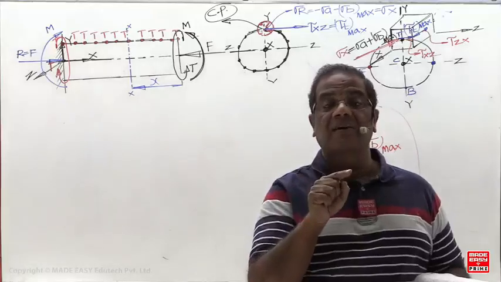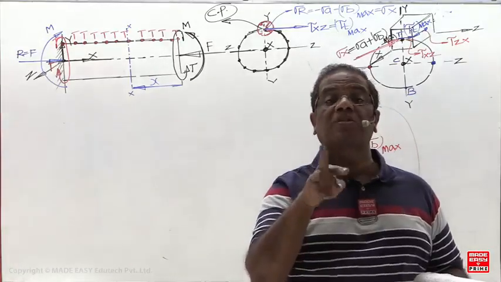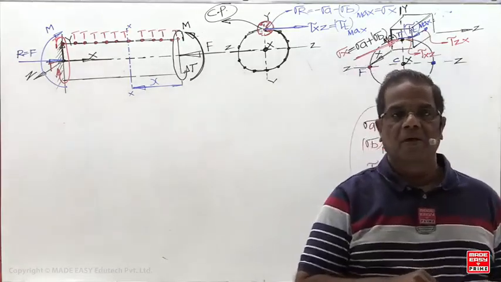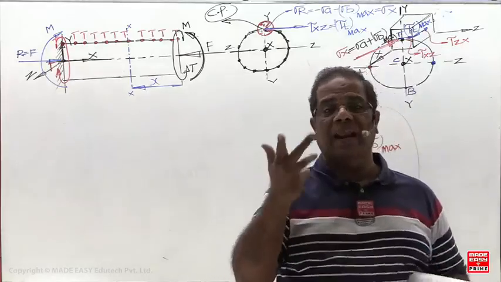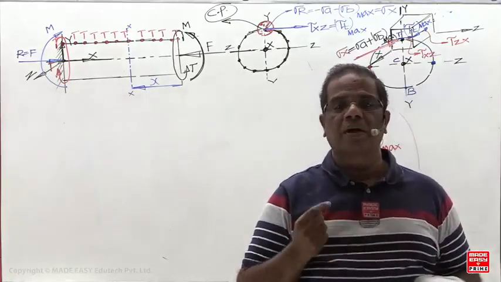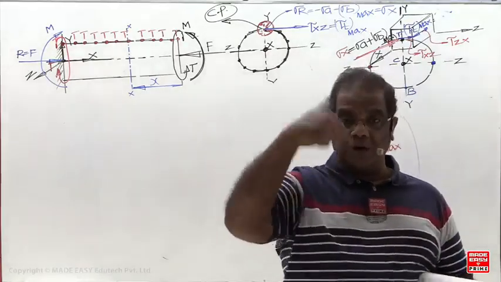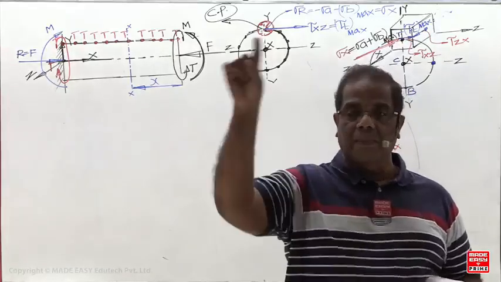Option A is correct when axial load and bending moment are both acting simultaneously. What you have studied: when axial load and bending moment are acting, which are the critical points? Either top or bottom, but by default I am using vertical bending.